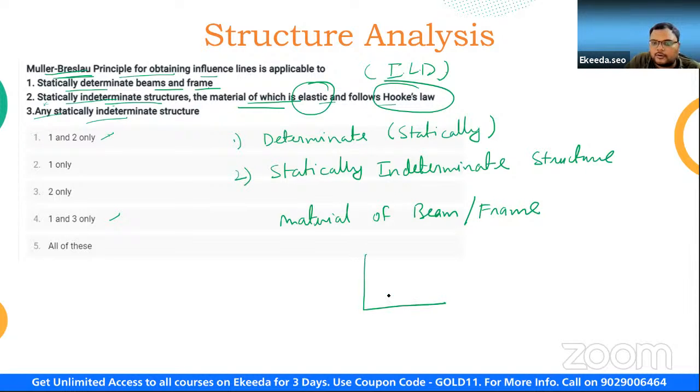I think you all remember what Hooke's law is, right, guys? Hooke's law is the stress versus strain diagram. So only for materials which are elastic or follow Hooke's law, in those statically indeterminate structures only, this Muller-Breslau principle is applicable. Otherwise, it won't be applicable.